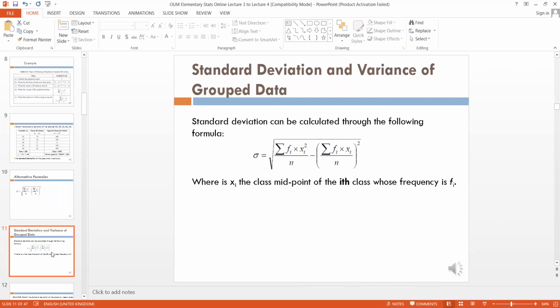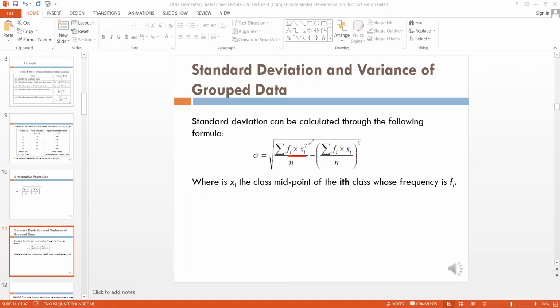Now, what of group data? In group data, as you are aware, the data has already been categorized, and you first need to find your midpoint. So anytime you are dealing with group data, your x will be your midpoint, whilst your f is your frequency. The formula for finding the standard deviation, or if you like the variance, is the summation of the frequency times x squared.